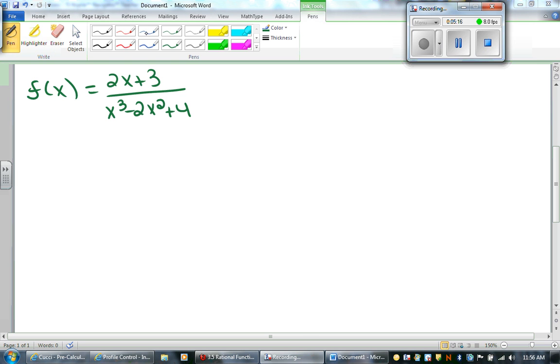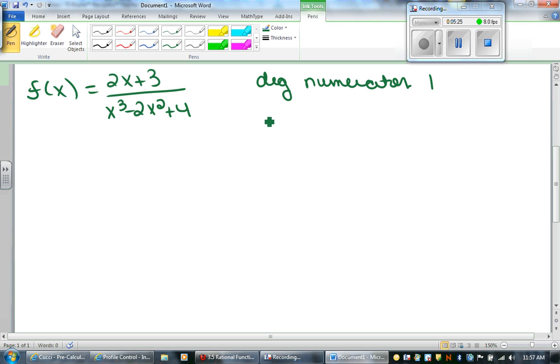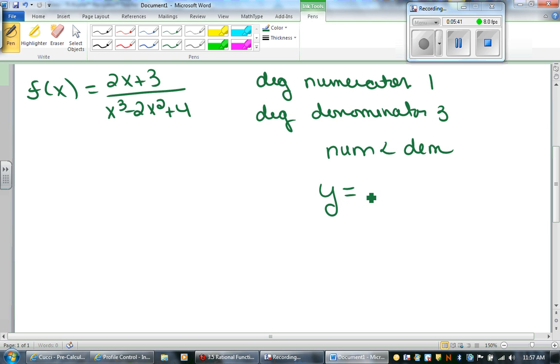Okay, the degree in the numerator is 1. The degree in the denominator is 3. Okay, since the degree in the numerator is less than the degree in the denominator, we can say that the horizontal asymptote is 0.